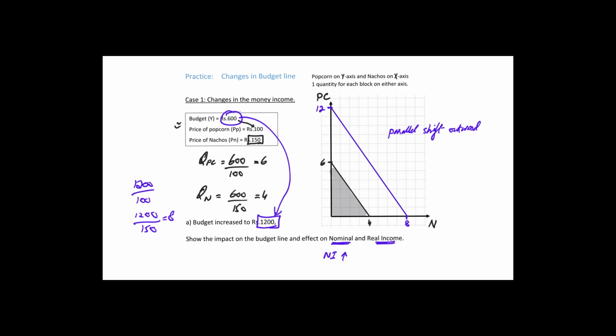It's about the purchasing power. Initially you were getting this much area attainable for you, and now it's this much area. Has the area increased? Yes, significantly. That means my real income has also gone up.